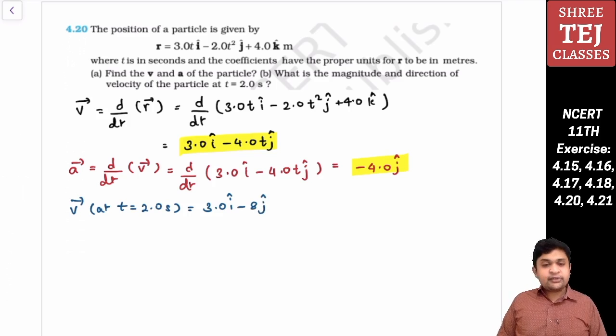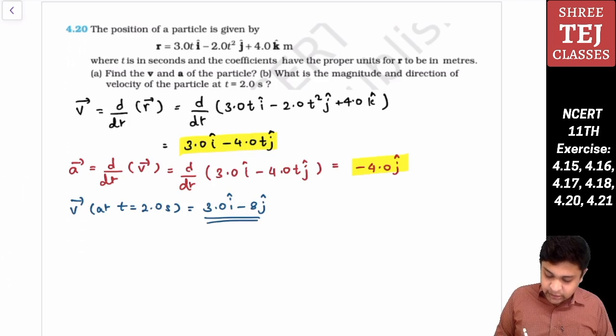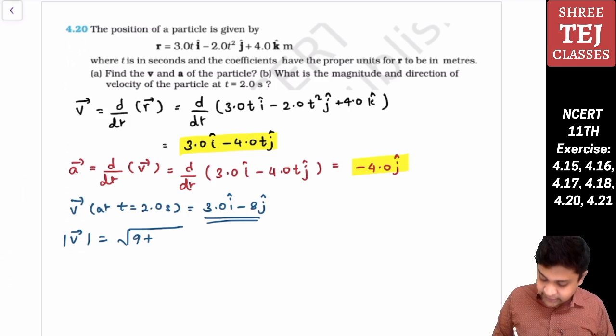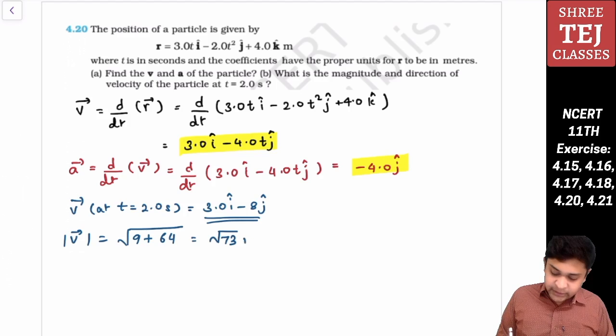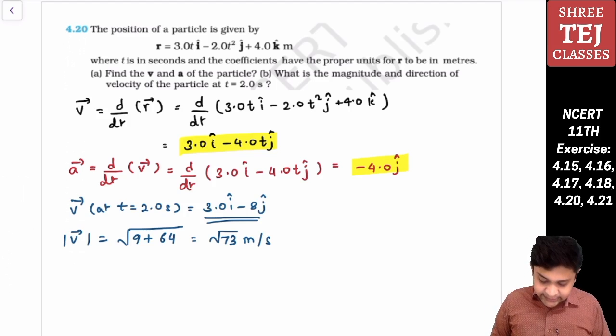So it would be in the xy plane along this vector, and its magnitude of v would be under square root 3 square is 9 plus 8 square is 64. So this is under square root 73 meter per second. So this will be magnitude of velocity vector at time t equal to 2.0 seconds.